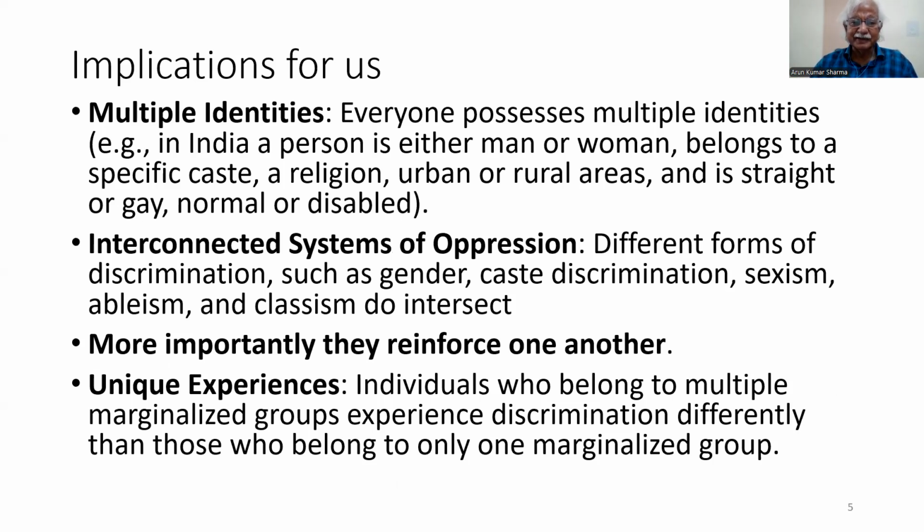For example, in India, a person is either man or woman, this is one identity, belongs to a specific caste, this is another identity, a religion, another identity, urban or rural areas, and is straight or gay, normal or disabled or physically challenged. So multiple identity. You can think of many more identities which have become visible in literature in the recent past.